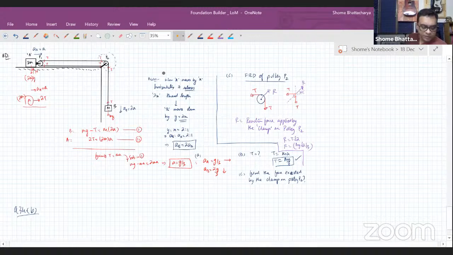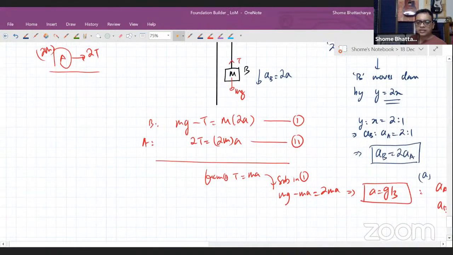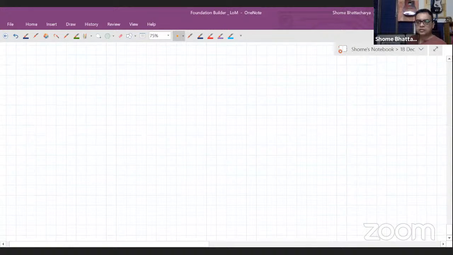Okay, so 34th B part, let's go through it quickly. It has exactly the similar kind of constraint relation which we'll be using, because again it has a system of pulleys.